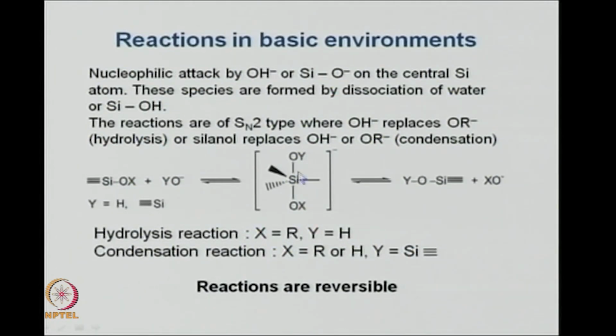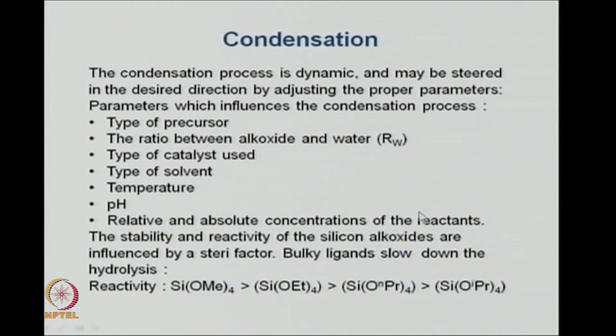So, the OY attaches here, and then the OX minus will leave, leaving you behind this YOSi unit. So, this is in a basic environment. You can have hydrolysis followed by condensation in this manner. Ultimately, here also you get 2 silicons, or 1 hydrogen and silicon, bridged with an oxygen. So, this is a condensation reaction.